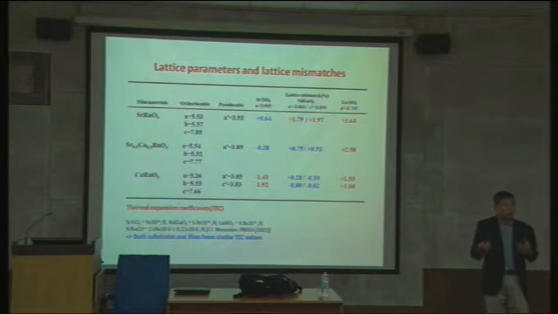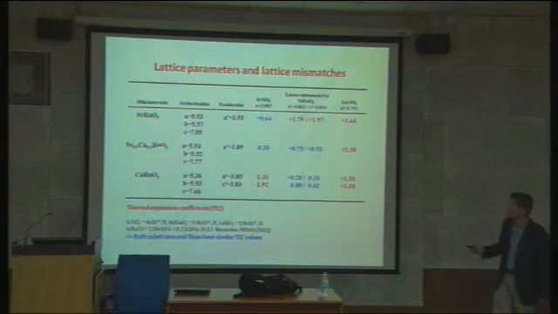I'm going to show a good example visualization of conceptually how lattice mismatch plays a role in film growth. Look at this, 3.93, and this strontium titanate, and which one is bigger? This one is smaller than this, right? So that means this one is compressive, where the substrate lattice parameter is bigger than the film, that's a plus. But when you look at calcium ruthenate, the lattice parameter is actually smaller than this, roughly 1.5% or 1.9% smaller.